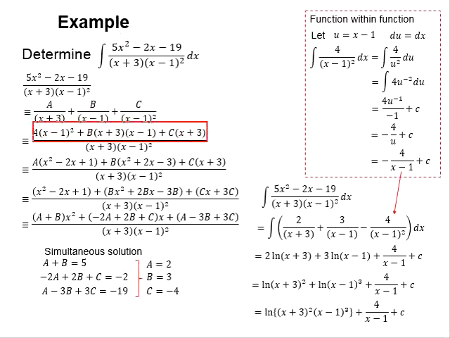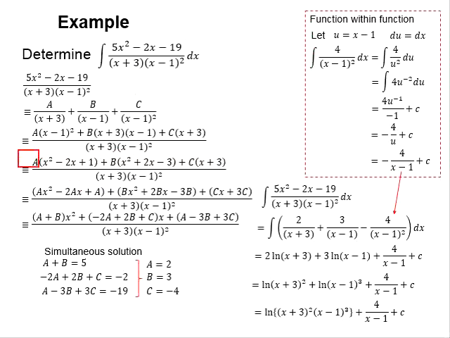That gives you this, so that they have the same factors below the fractions. Expand the functions. Substitute the value into the functions. Rearrange it in terms of x squared, x and the constant number.